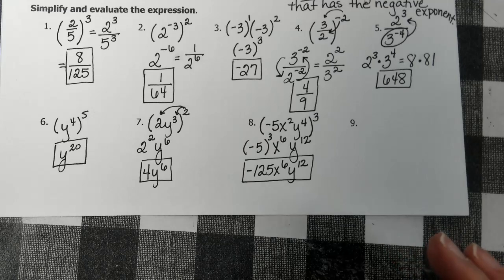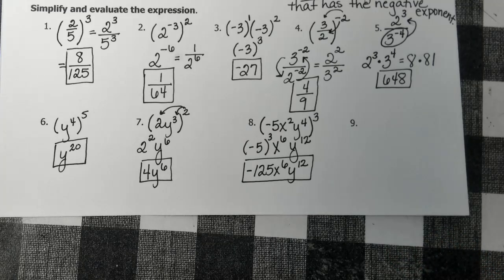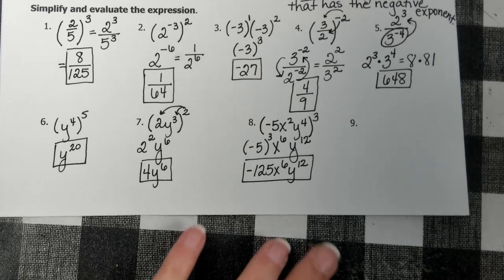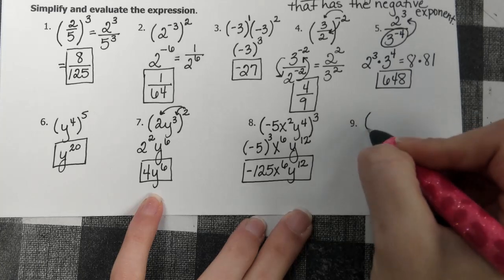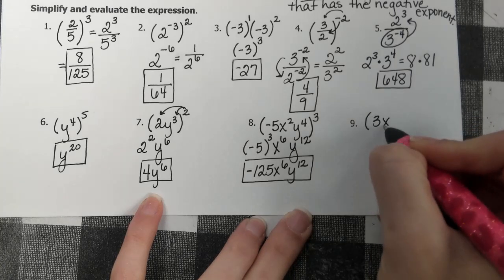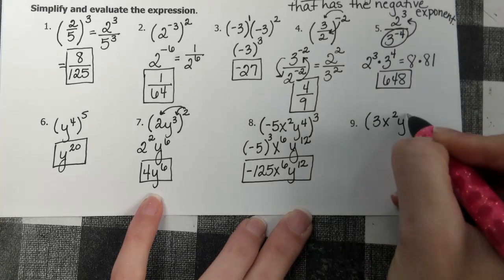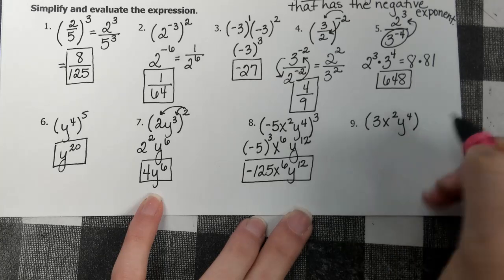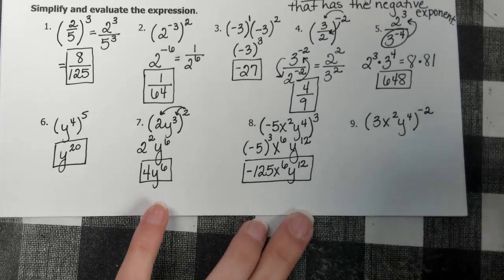All right. Questions? Okay. So number 9, you've got in parentheses 3x squared y to the 4th, now raised to the negative 2 power.